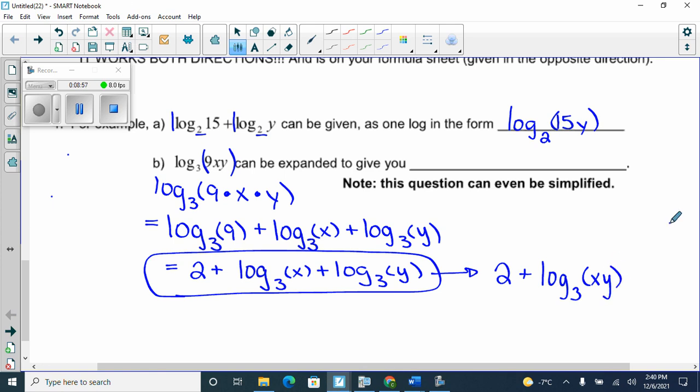They put them back together. Do you see how they can change the look? But it's the same thing. So sometimes they'll expand them out to reduce them, and then they'll put the ones back together that still have logs. Do you see that?